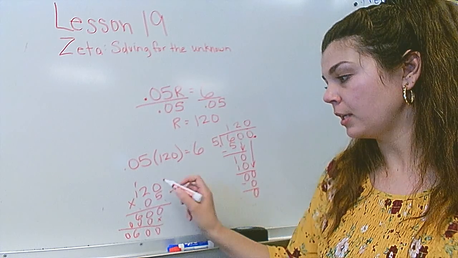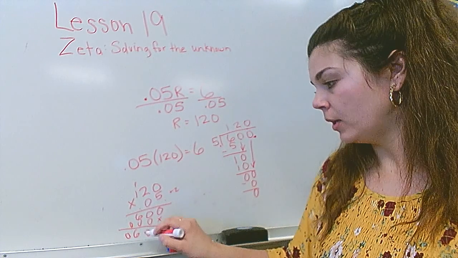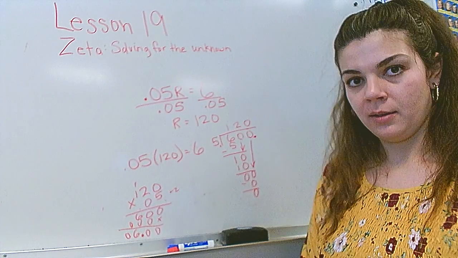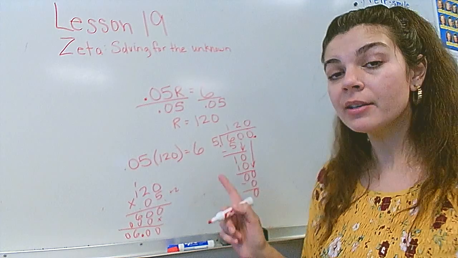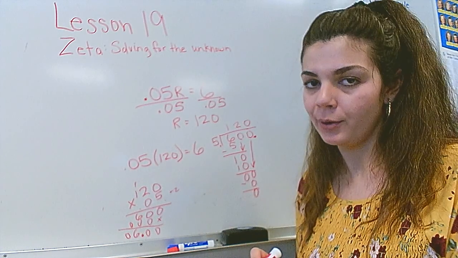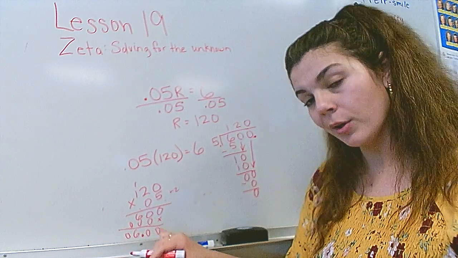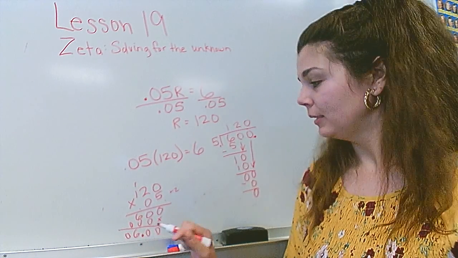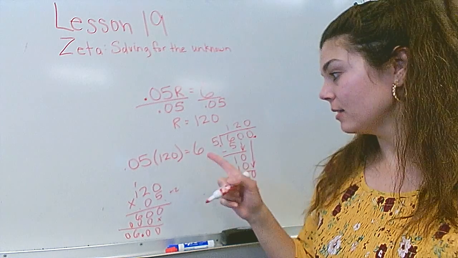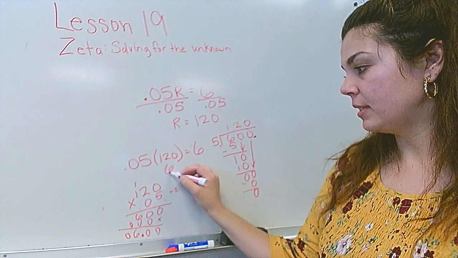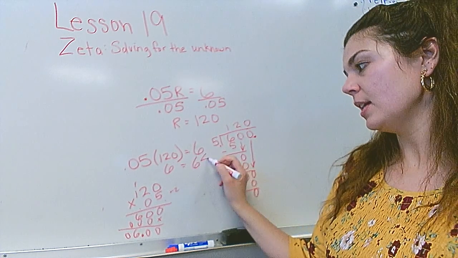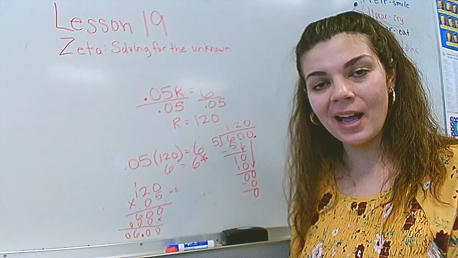I have 2 here and none up there. 1, 2. I have 6.00, but does it really matter in a whole number if there's a 0 in the front or zeros in the back? Nope. Alright, it's just 6. So I have 6 equals 6. Score! We got it right.